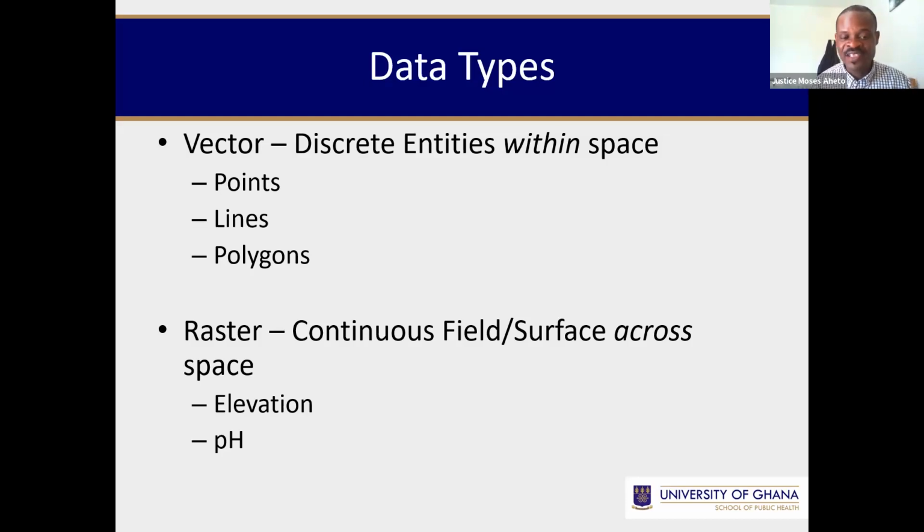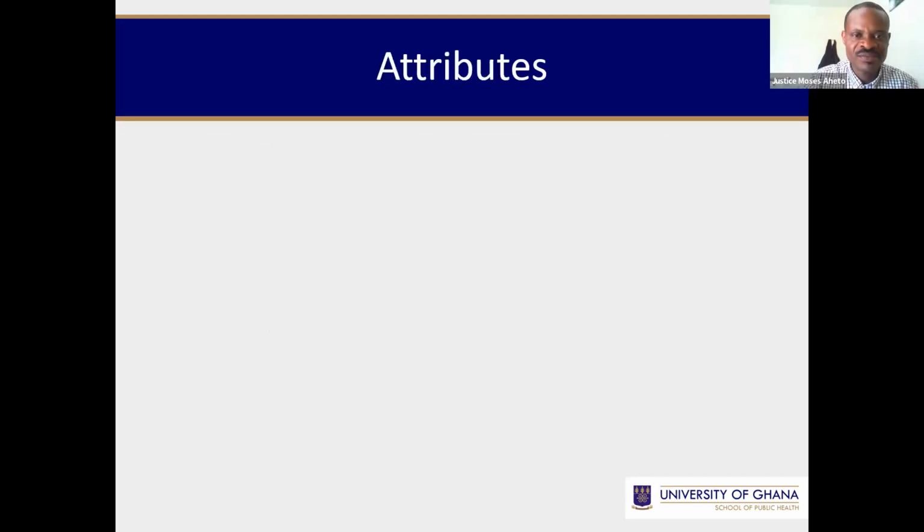For example, you can think about elevation or altitude. You can think about the pH measurement. You can think about stunting at a particular location. All of these can be captured in a raster format and then displayed. We'll see some examples, even how to read a raster file and display it on a map. We have examples to do in a practical session, so don't worry.